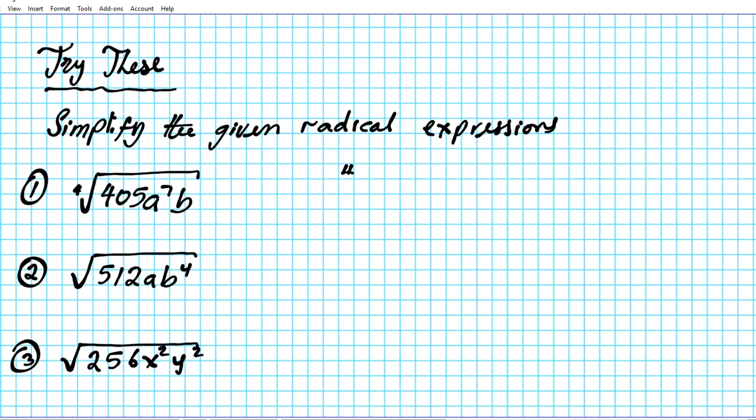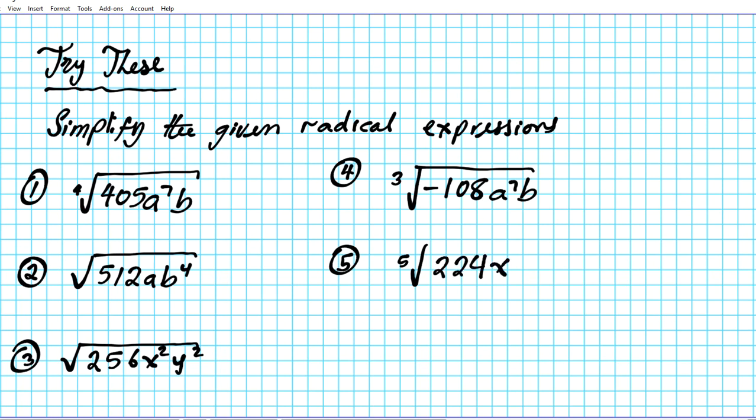Number four, what if you have the cube root of negative 108 a to the 7b? Number 5, what if you have the fifth root of 224 x to the 6th y to the 5th? And then lastly, what if you're to find the fourth root of 648 m to the 4th times n?